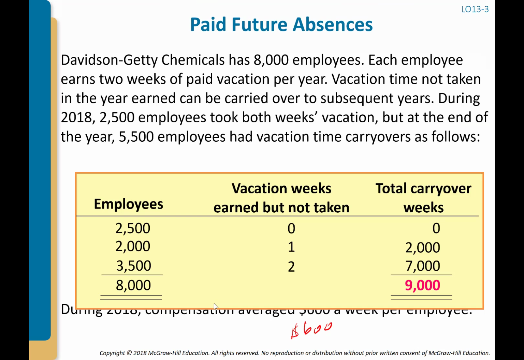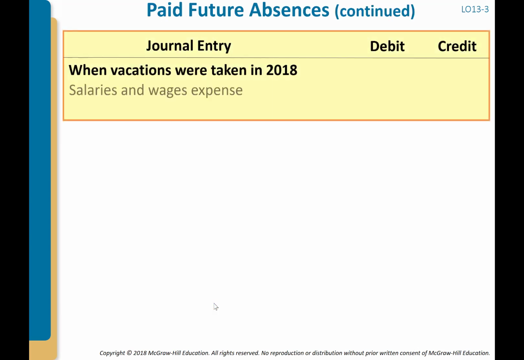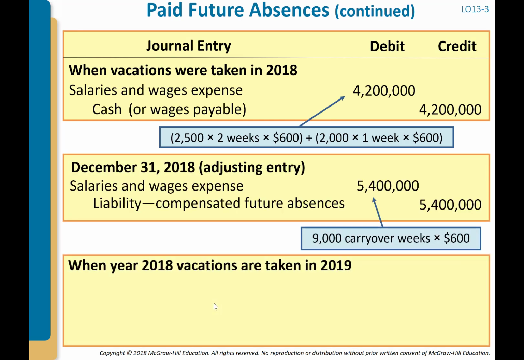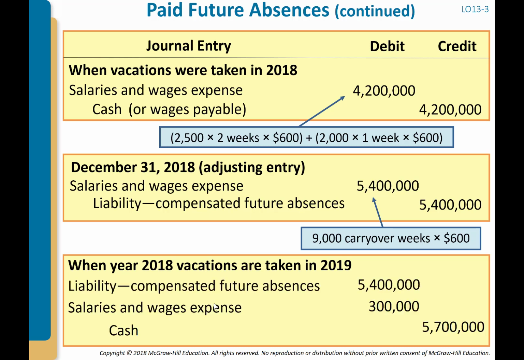We take the 9,000 that was carried over, and that's the 600 a week, and we accrue for those hours that are left, right? That's a liability because they've already done the work that caused them to generate that vacation pay, right? Okay. Then in 2019, when they take their vacation, we debit the liability, and we, of course, pay them their cash, right? Okay.